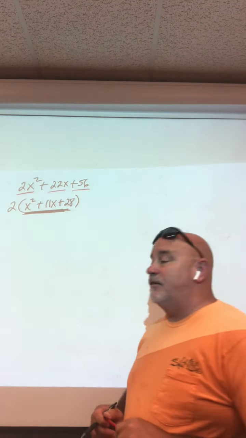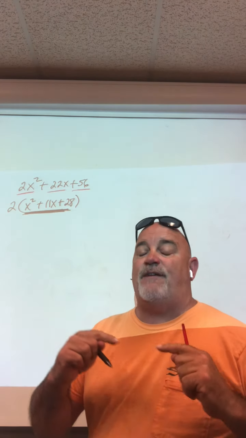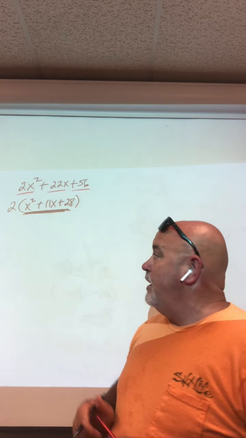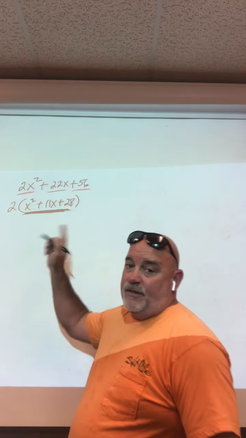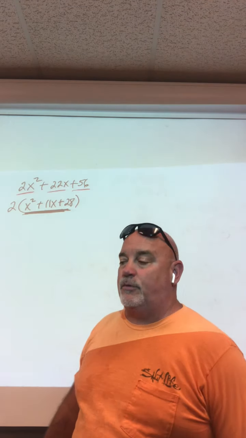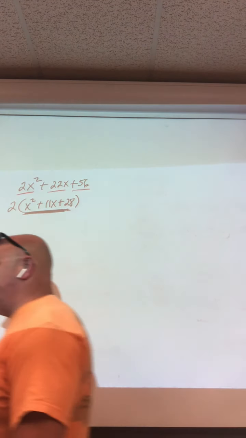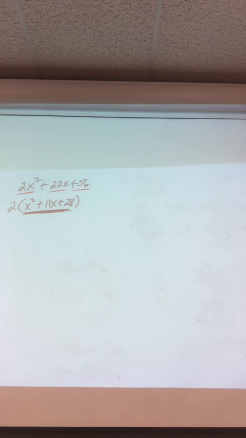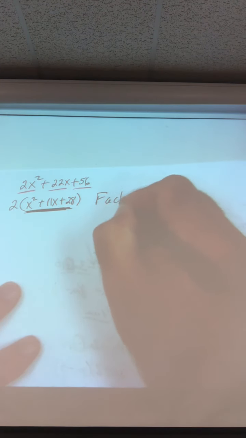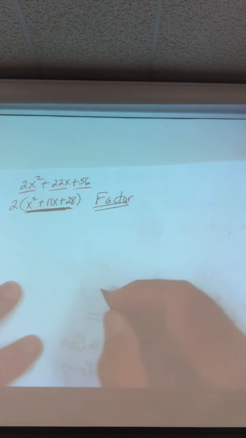So what I've got to do is, if this thing factors again, I've got to factor it. So this is the first time you've seen me do a problem that factored multiple times. For this reason, the instructions will no longer say factor.